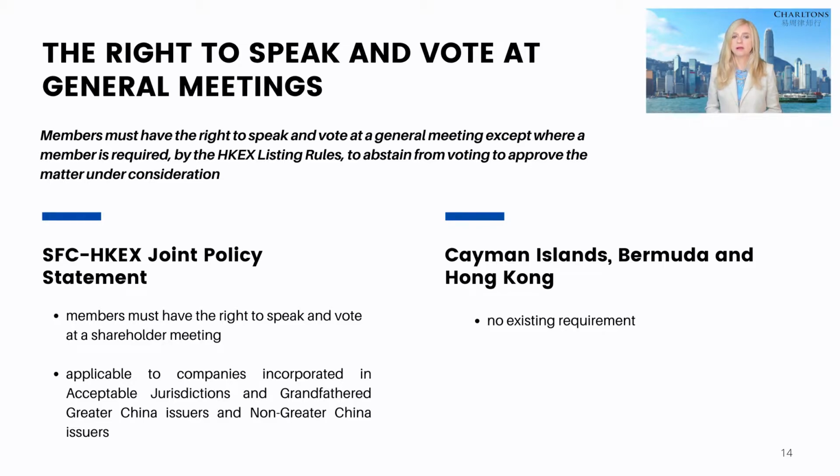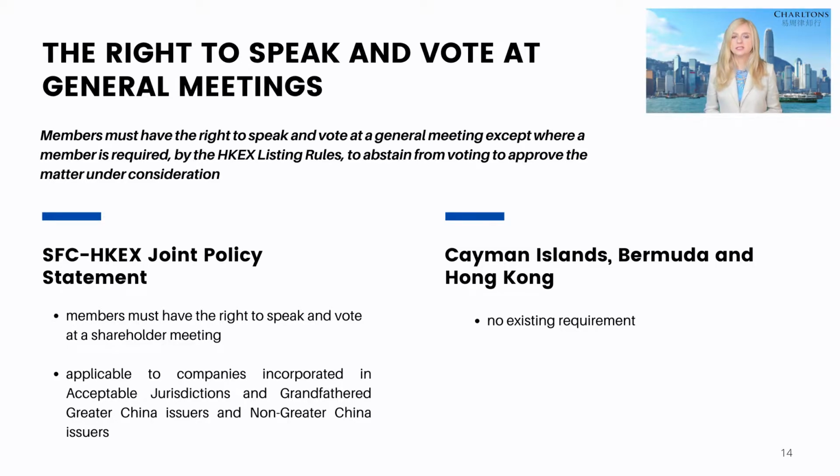In this regard, paragraph 34 of the Joint Policy Statement says that members must have the right to speak and vote at a shareholder meeting, except where a member is required by the listing rules to abstain from voting to approve the transaction or arrangement. For example, where the member has a material interest in the transaction or arrangement.